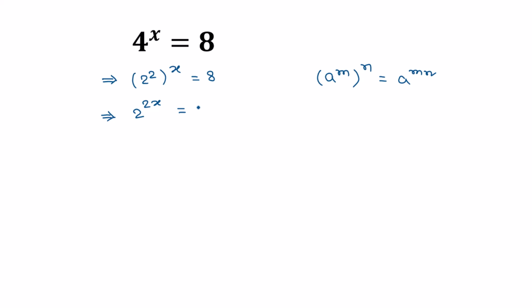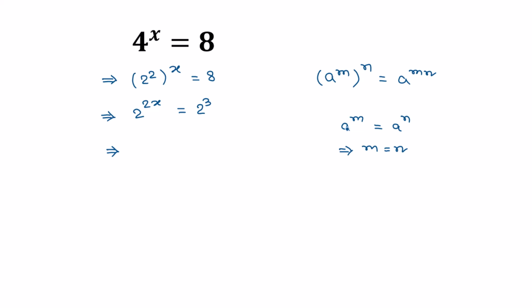We can write 8 as 2 to the power of 3. This 2 to the power 3 is equal to 8. Now applying this formula, when a to the power m is equal to a to the power n, then m is equal to n.